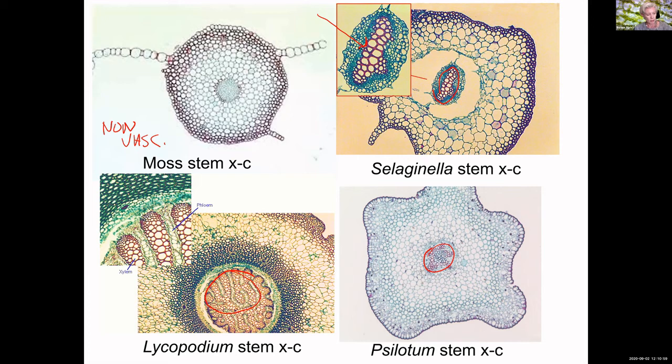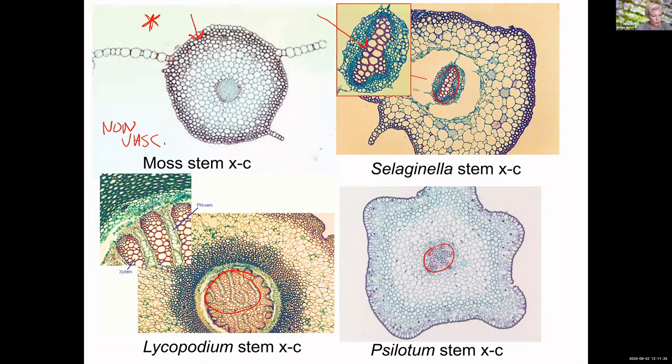When we look at this moss stem over here, and we look really carefully at it, we don't see those dark staining large open cells, especially near the middle of the stem, because that's where those vascular bundles are in these relatively closely related plants. We do see a little bit of darker cells towards the outside of the ring, but they're not bigger than the rest of the cells around them.